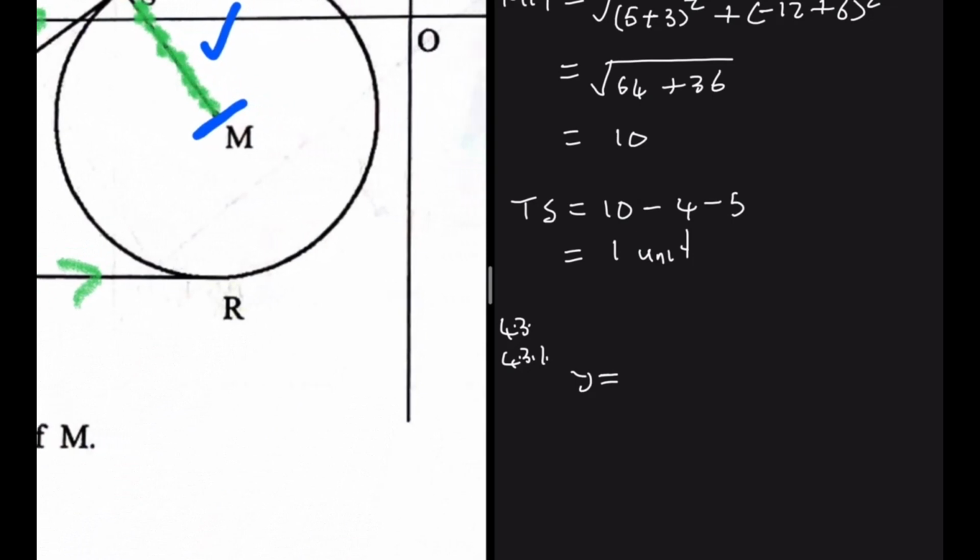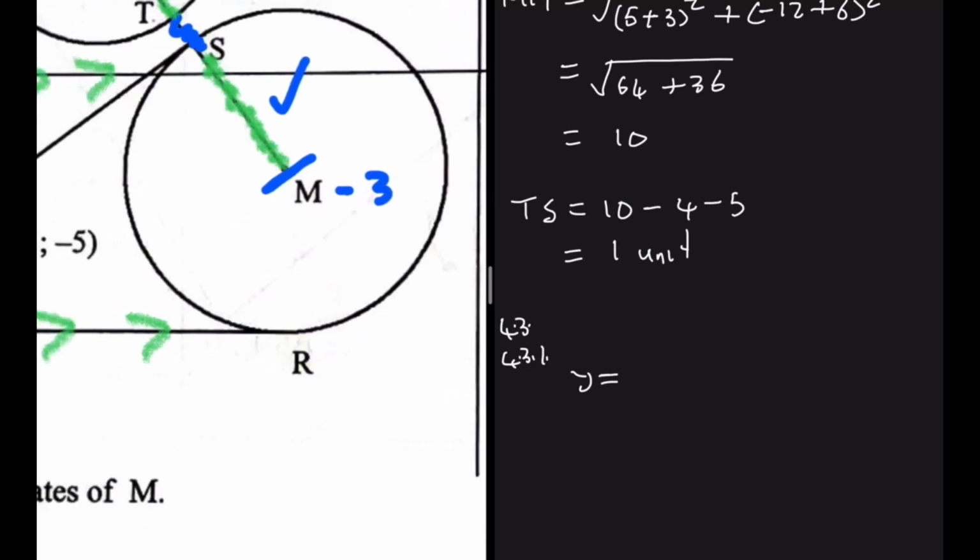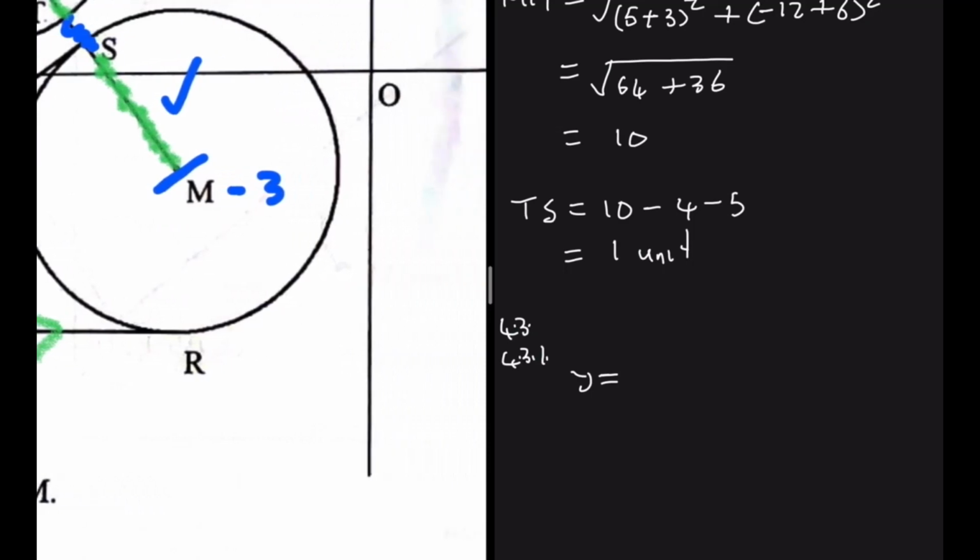We know that the y coordinate of our center M is minus 3, right? Our point R and our center M, they share the same x coordinate, right? That will be true if indeed PR is parallel to the x-axis. So right, to find the y value of R, we're just going to say minus 3 minus 5, the radius of our bigger circle, right? So if we say minus 3 minus 5, we're going to end up with minus 8.